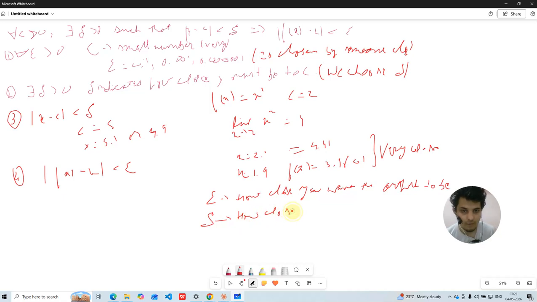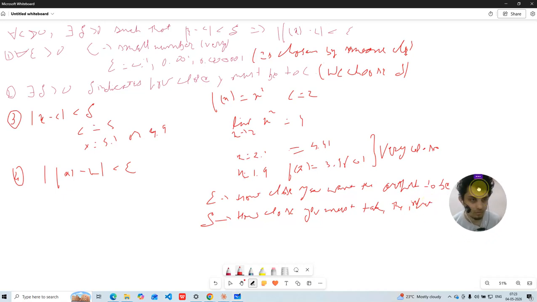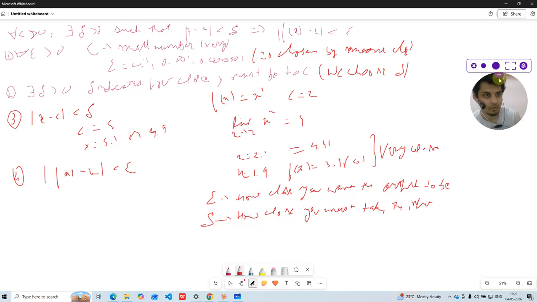A limit means that by making the input close enough to c, we can make the output as close to L.